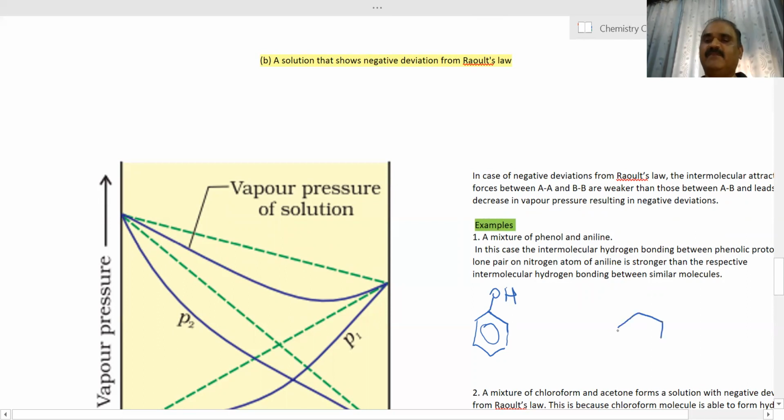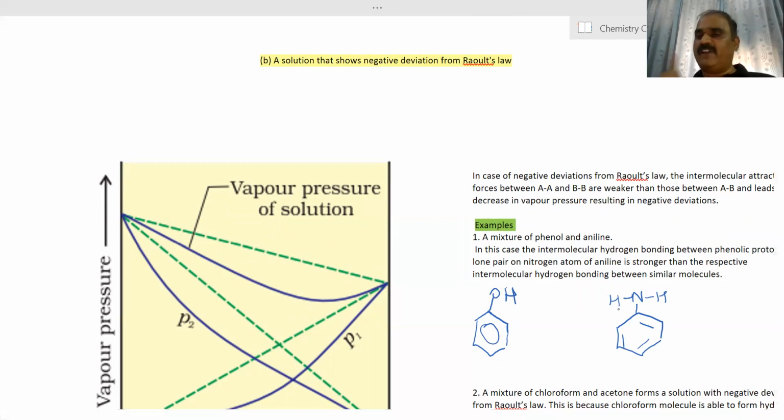Then aniline. What is aniline? Aniline is again benzene having NH2 group. This is aniline. Aniline is also having acidic H. You know, when H atom is present on fluorine, oxygen, and nitrogen, it is called acidic H, because the most electronegative element is fluorine.